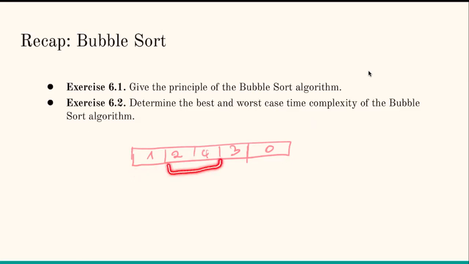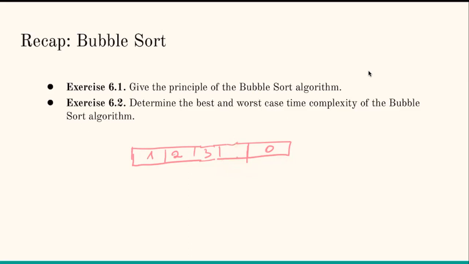These elements, are they in the right order? Yes. It moves to the next. These elements, are they in the right order? No. It swaps them, okay? So by swapping them, we will have here 3 and here 4, okay? And then it will check these elements, are they in the right order? No. It will swap them. So it will swap here.